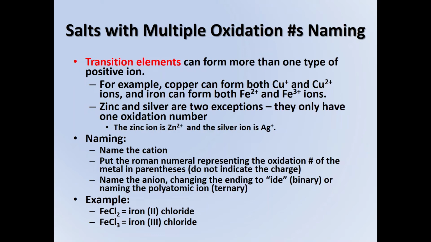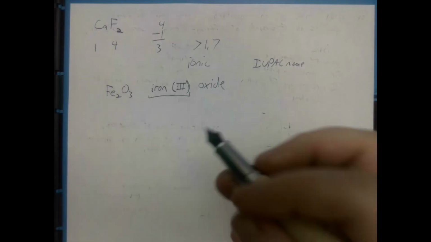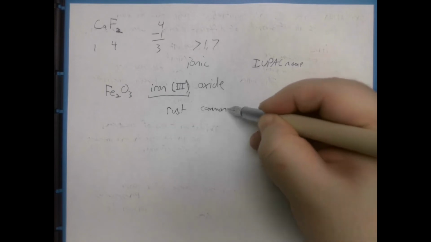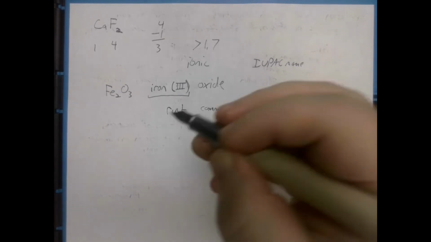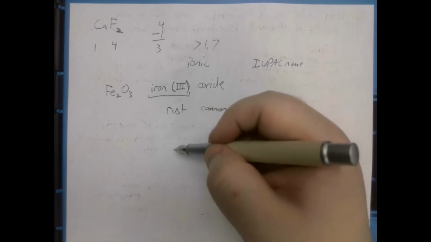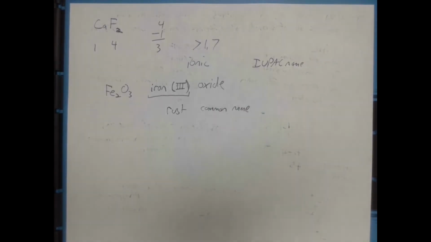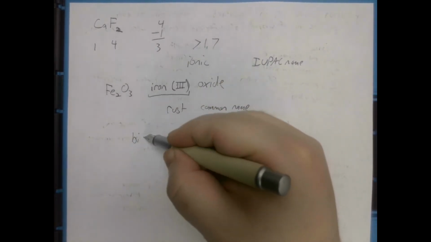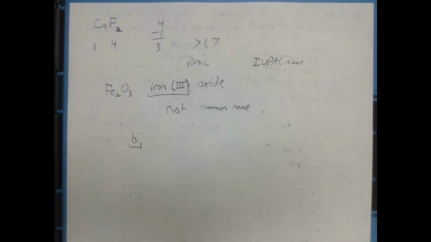These are the IUPAC naming schemes. This name is the common name. And ferric or ferrous oxide is an outdated name. The only time I'll say to use a non-IUPAC name is the common names, because they are so common.